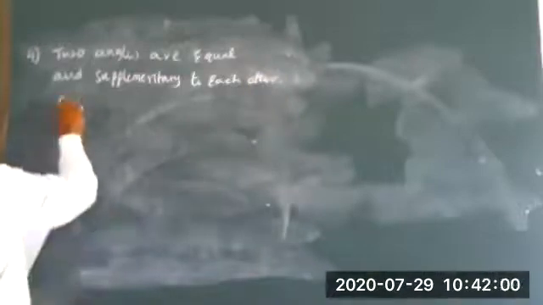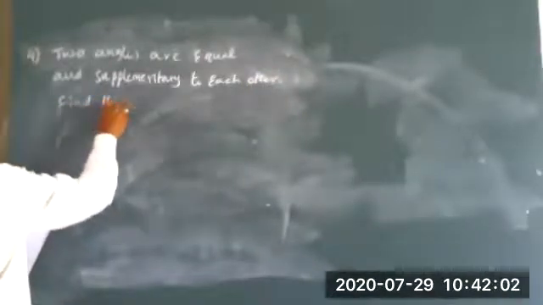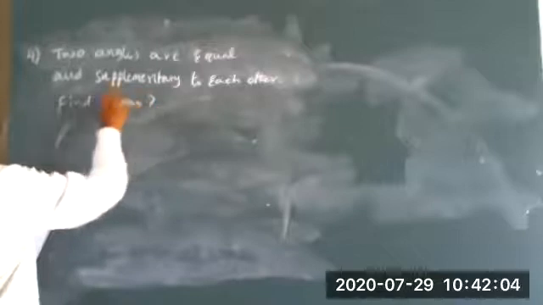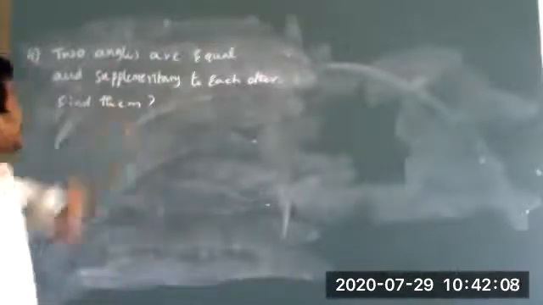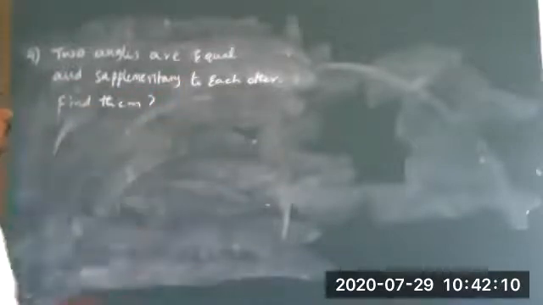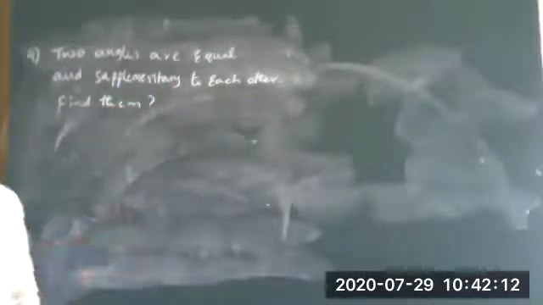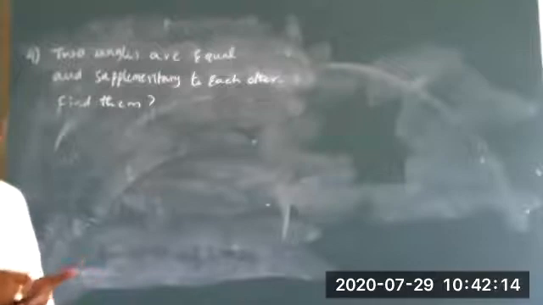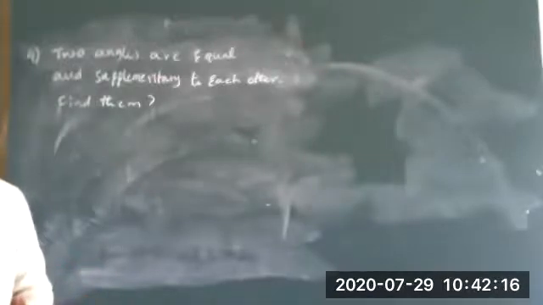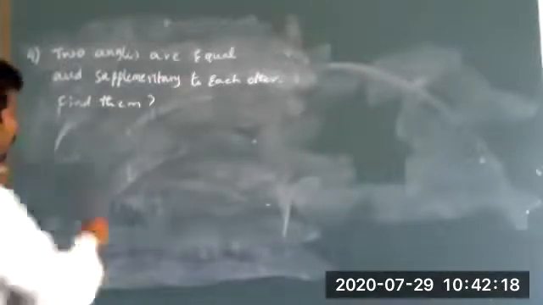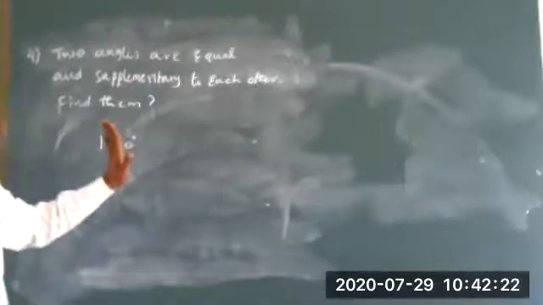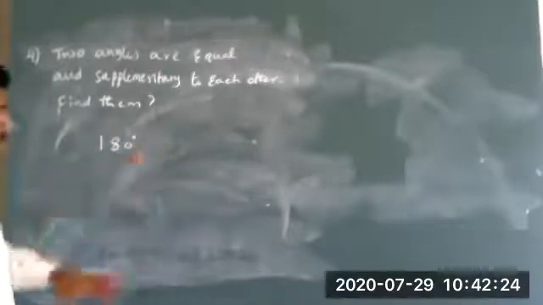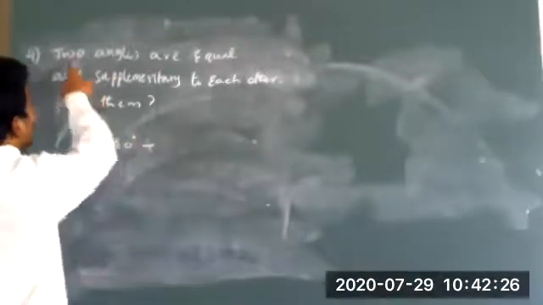Find them. So what about supplementary? The pair of supplementary angles is equal to how much? 180 degrees. So divided by two angles.